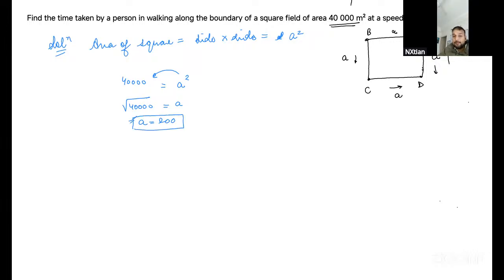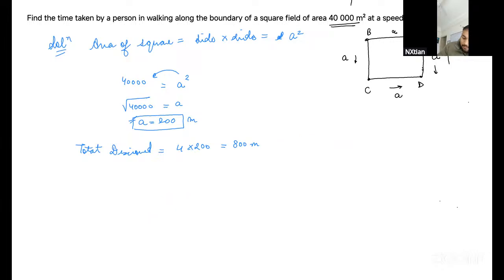So the side a, I got 200. Now the total distance covered by him: 200 meters. Total distance is 4 into 200, which will become 800 meters. I have to change it into kilometers, making it 0.8 kilometer.